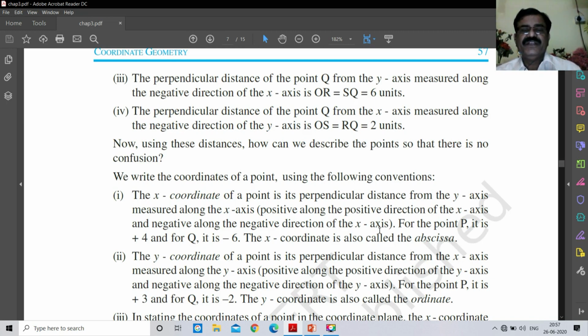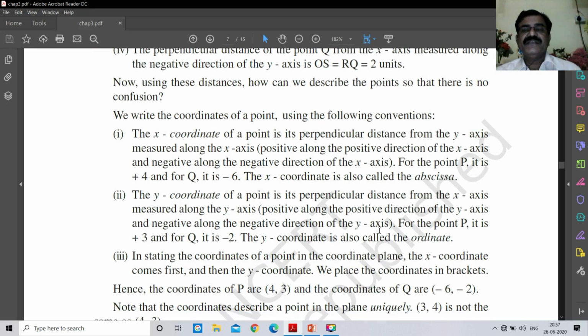The x coordinate is called the abscissa. The y coordinate of a point is its perpendicular distance from the x-axis measured along the y-axis, positive along the positive direction of the y-axis and negative along the negative direction of the y-axis. For the point P, it is +3 and for Q, it is -2. The y coordinate is also called the ordinate.